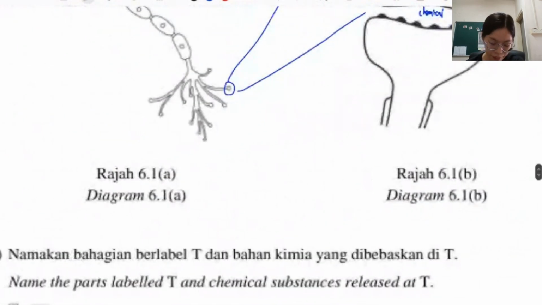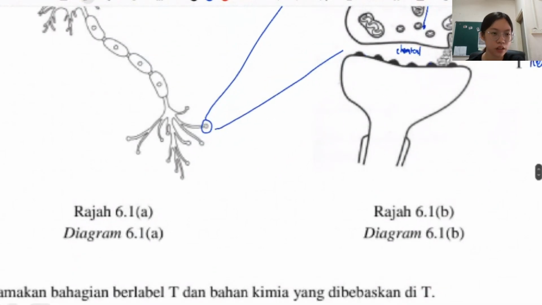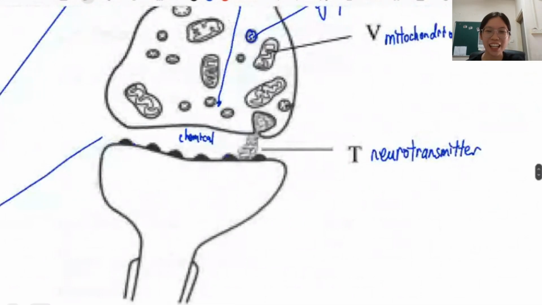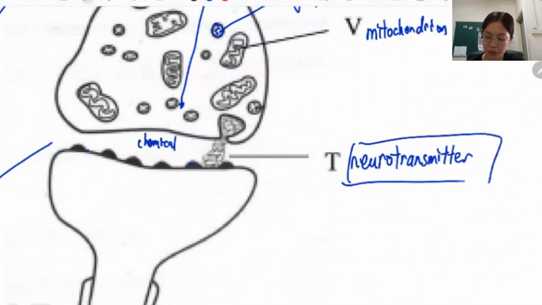Wait. Name the parts labeled T and the chemical substance released at T. Oh, T is not neurotransmitter. I mean, the chemical substance is neurotransmitter, but T is these parts. Okay, it's true because the labeling doesn't really point to the neurotransmitter.